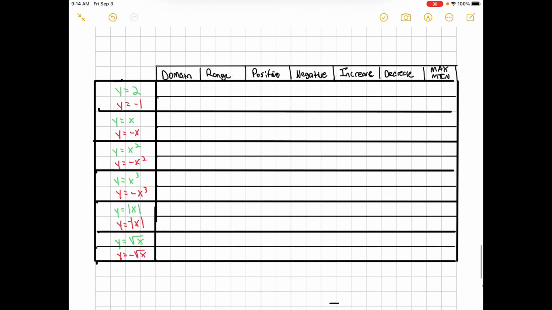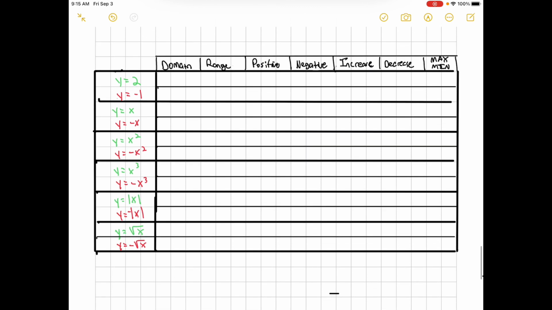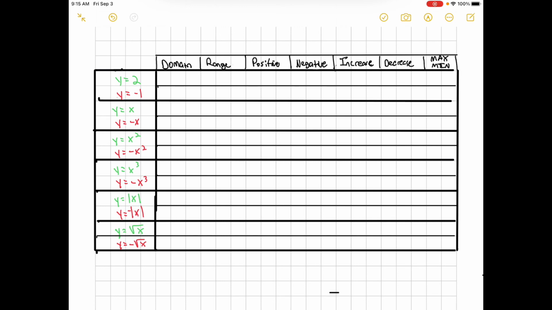I want you to give the domain, range, positive intervals, negative intervals, increasing intervals, decreasing intervals, and if they have a maximum or minimum value. That'll be the end of the notes. This is the last thing I want you to do for today.